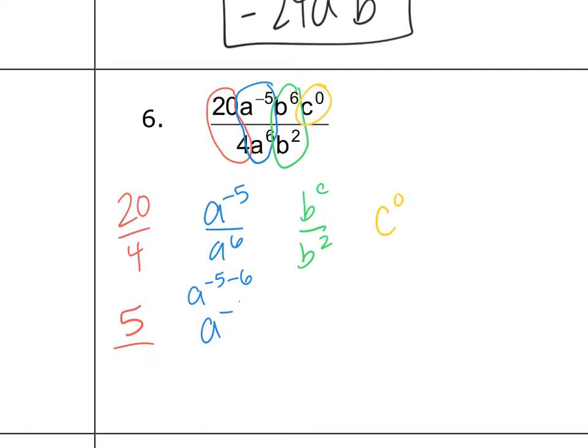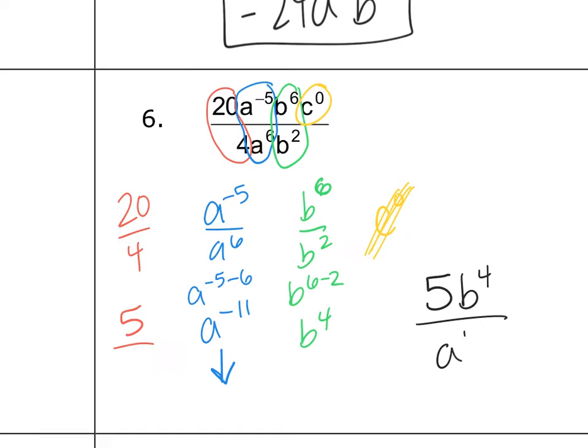Negative 5 minus 6 is negative 11. And because it's negative, that will push down to the bottom. With my b's, that's supposed to be a 6, I'm sorry. I have 6 minus 2, so that would give me 4. And c to the 0 will cancel because anything to the 0 power cancels. So for my answer, I have 5 and b to the 4 on top, and a to the 11 pushes to the bottom.